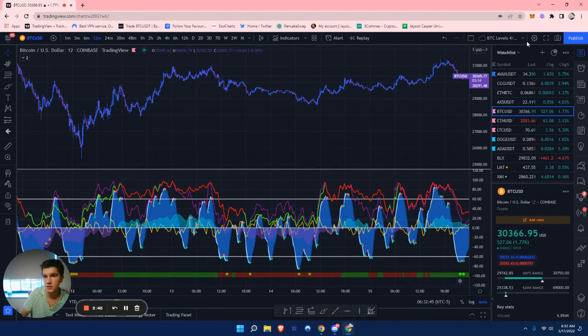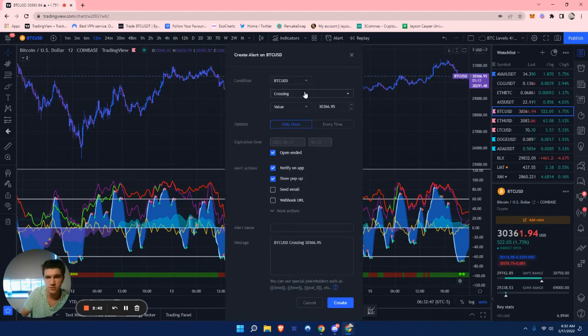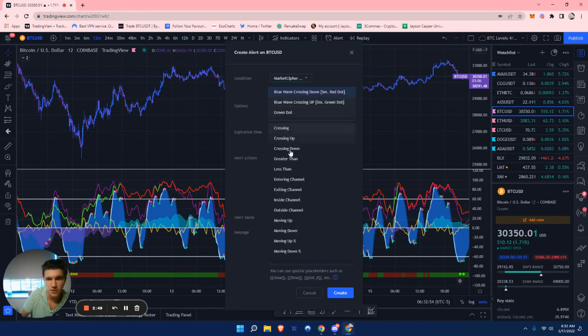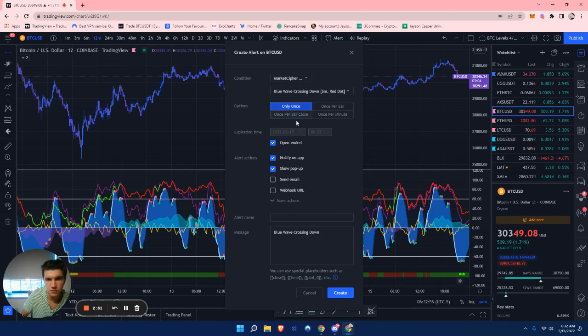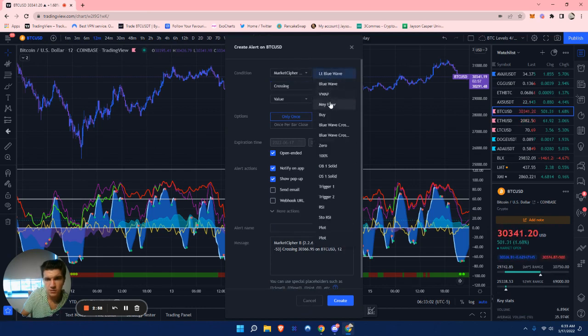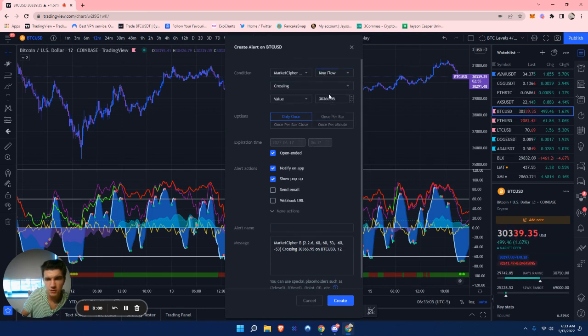You guys can add alerts to this just by going to the alert button, the alarm clock looking button, dropping down to the Market Cipher B, and then going to crossing, then the money flow, and then clicking this value and setting it to 0.